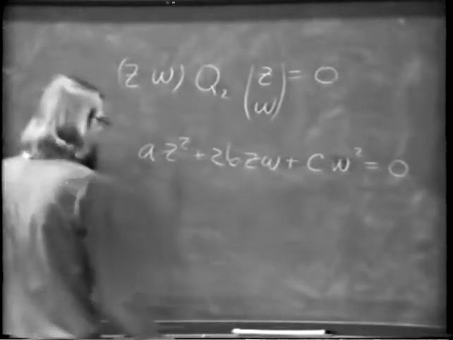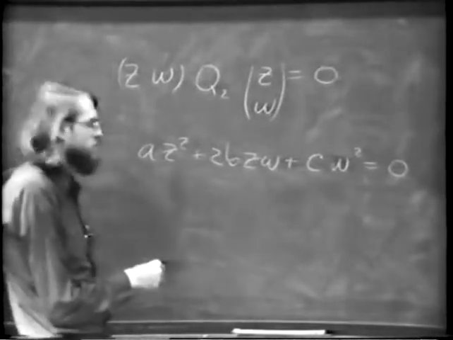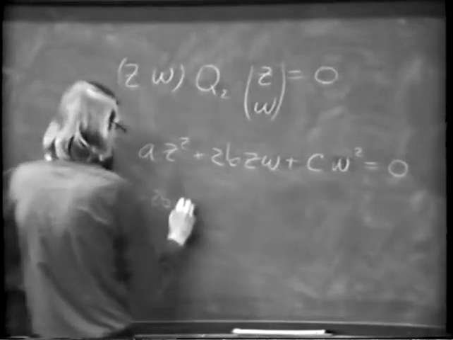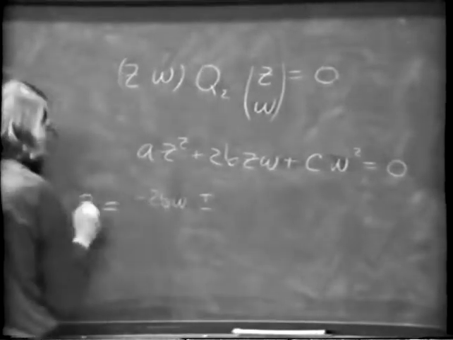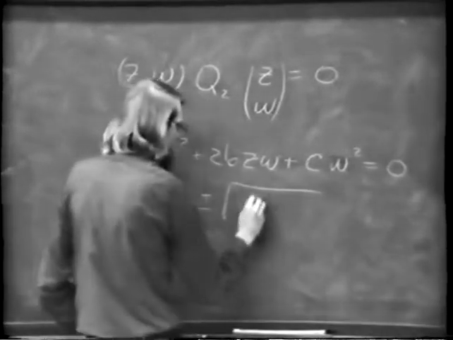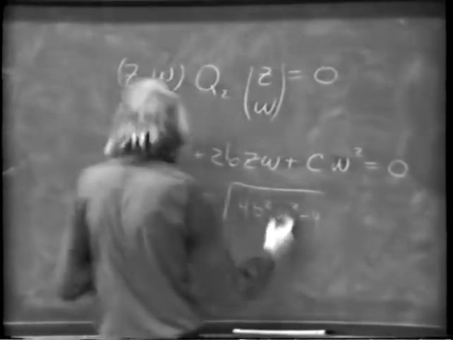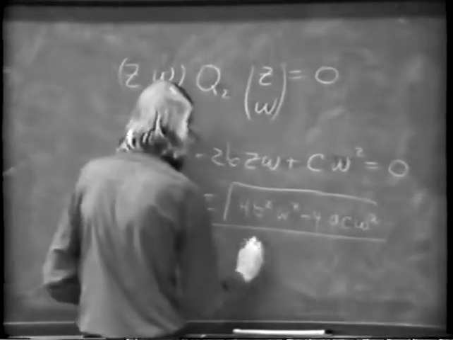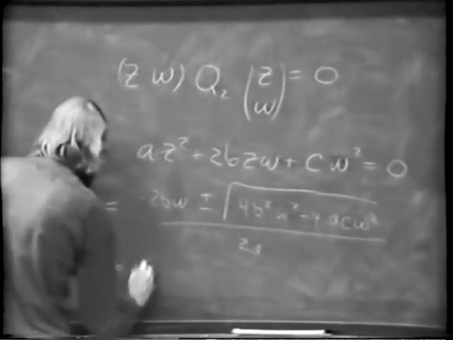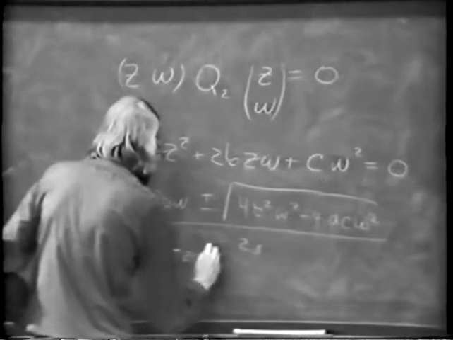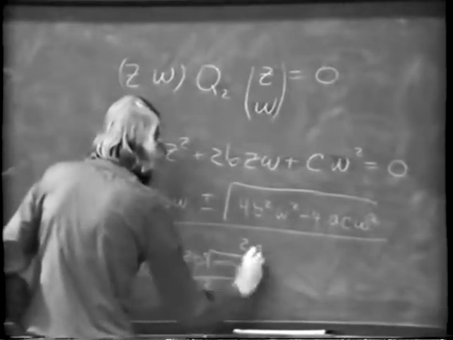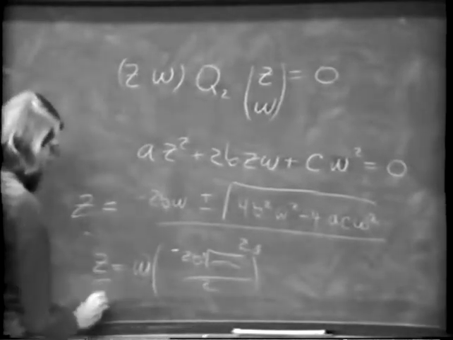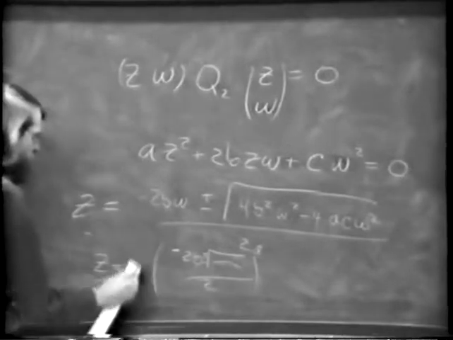And you put this into the standard quadratic equation, and you get z equals minus 2bw plus or minus the square root of 4b squared w squared minus 4acw squared, all over 2a. Normal thing here, w times this junk equals z, or z over w equals this junk.